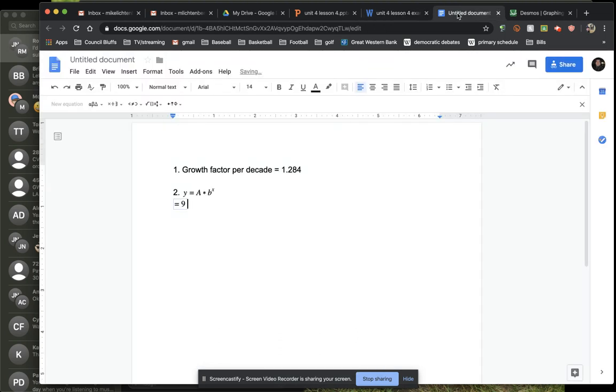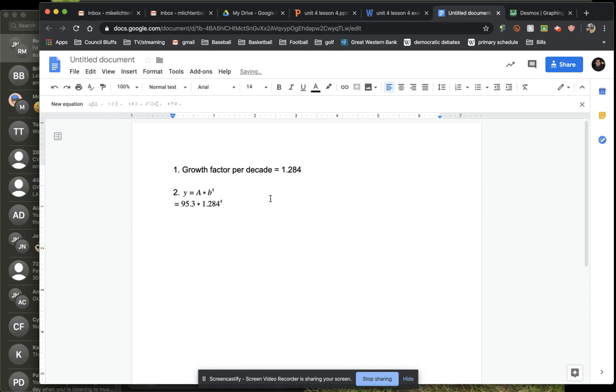We're going to use 95.3 as my initial value, with the understanding that 95.3 does not mean 95.3 people. That wouldn't make any sense. 95.3 means 95.3 million people. So that's my initial value, and we already said our growth factor was 1.284 to the power of x, and that is your answer to number two.